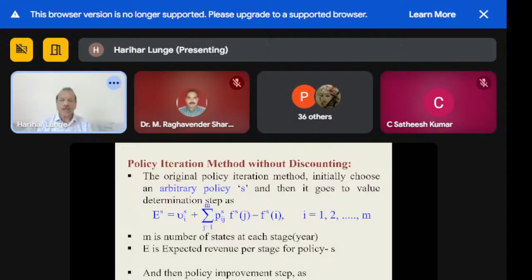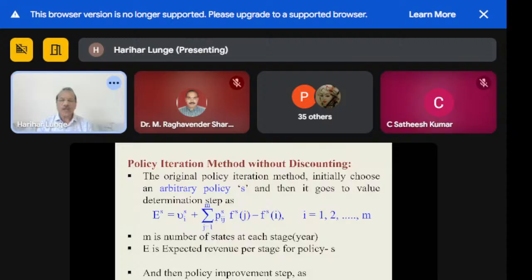So V_i^K is the summation of P_ij R_ij, where P_ij is the transition probability from state i to j, and R_ij denotes the return function corresponding to P_ij.